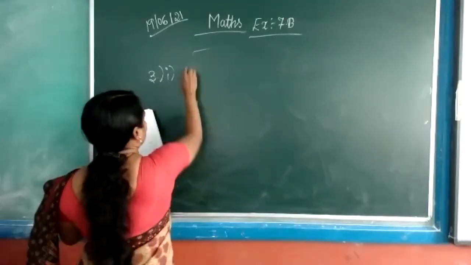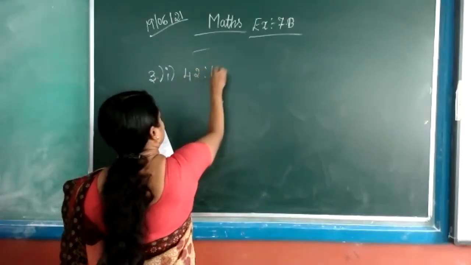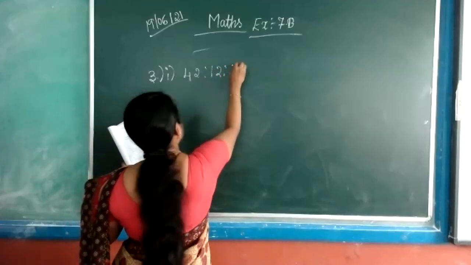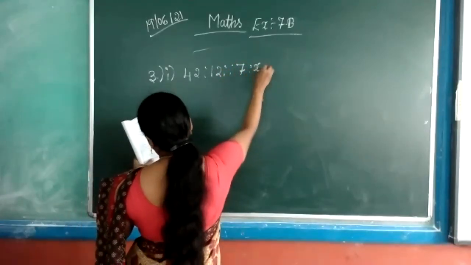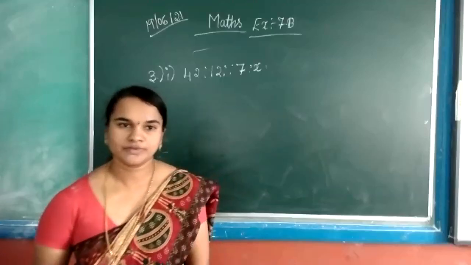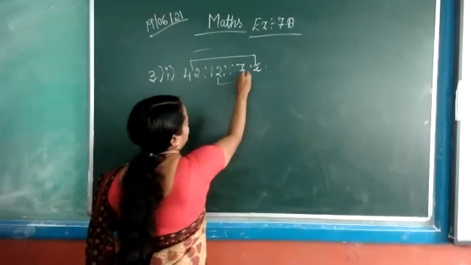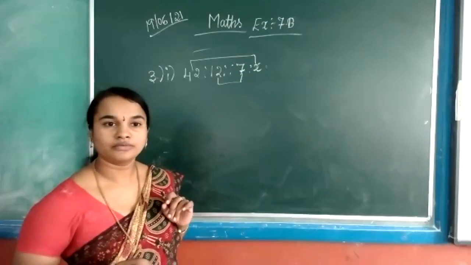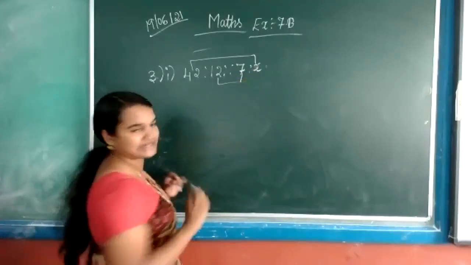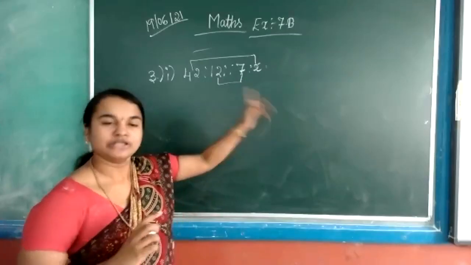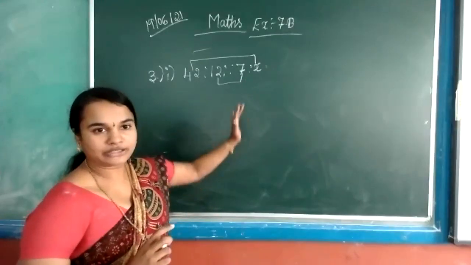That means 42 is to 12 as 7 is to x. So, what do we have to write here? Product of extreme equals product of mean. Now we have to get the x that is in the place of extreme. So, first we will write product of extreme.